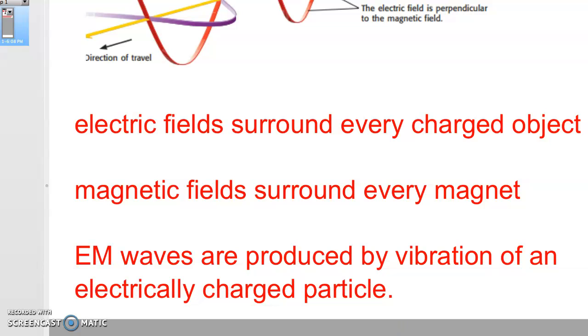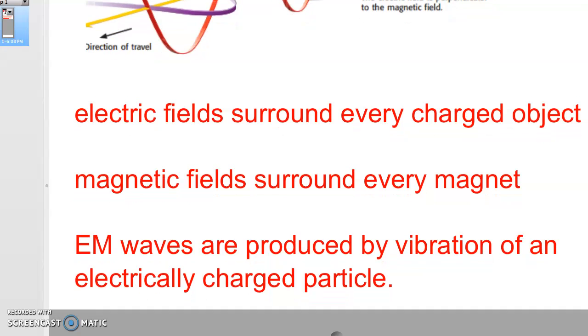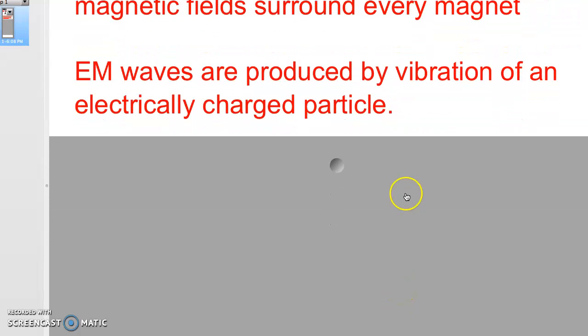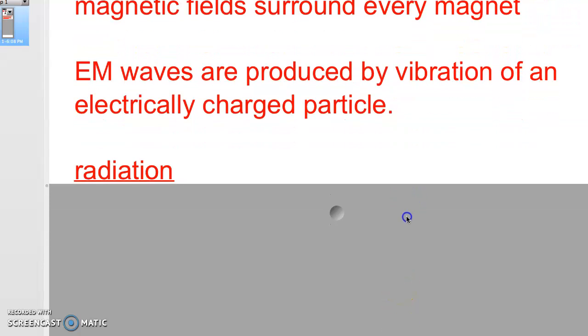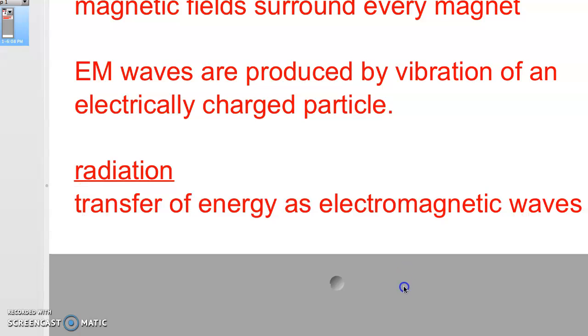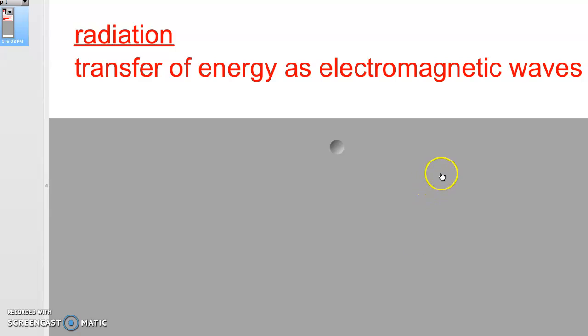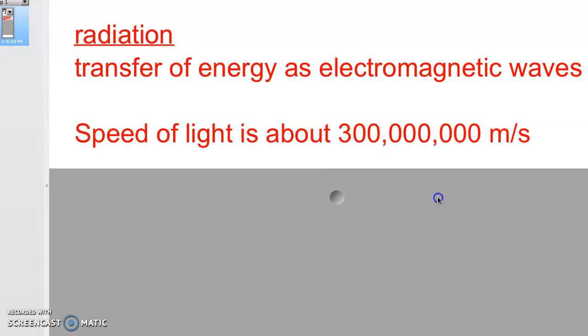So you produce what are called electromagnetic waves, which is the vibrating of those electrically charged particles. We'll talk about the spectrum too, but these waves produce radiation. Any type of electromagnetic wave is going to give off radiation, and some amounts are minimal and some give off radiation a little more heavily.